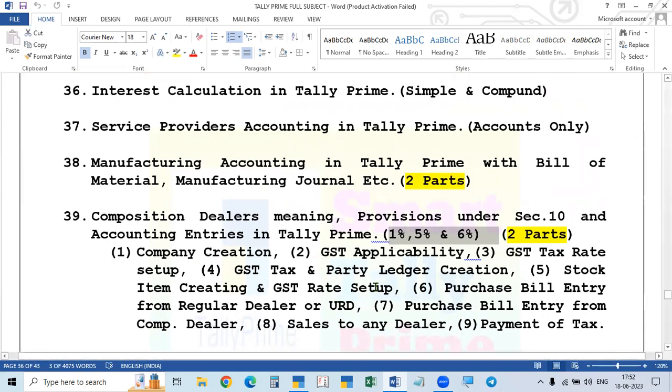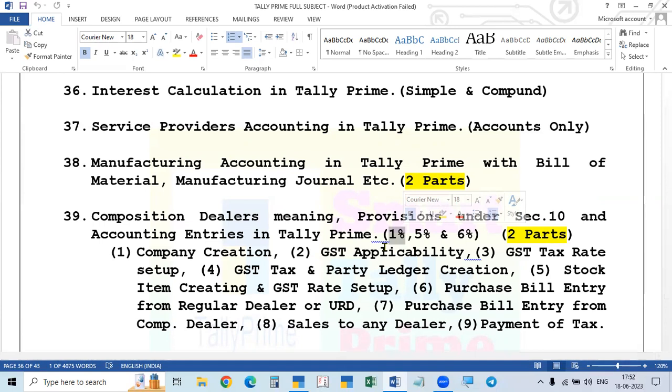Previously, traders paid 1% and manufacturers 2%, but now that is omitted and added to the traders. So traders and manufacturers have to pay 1% of the sales.